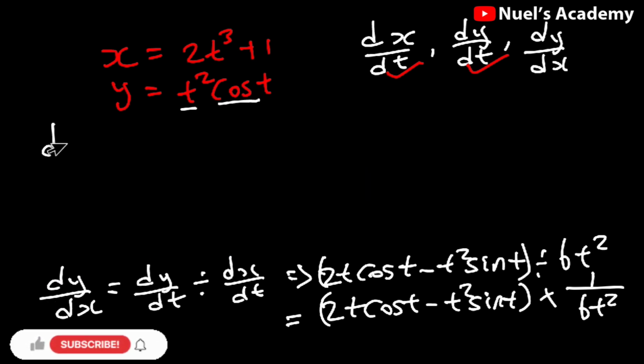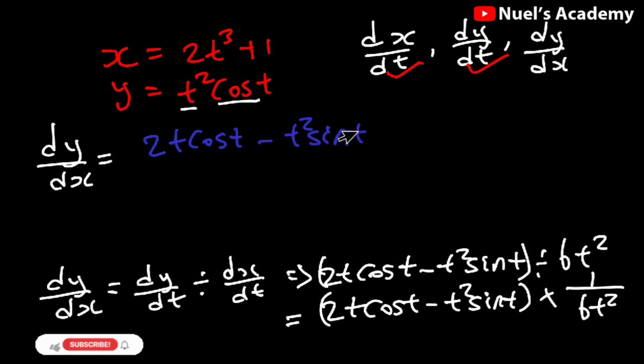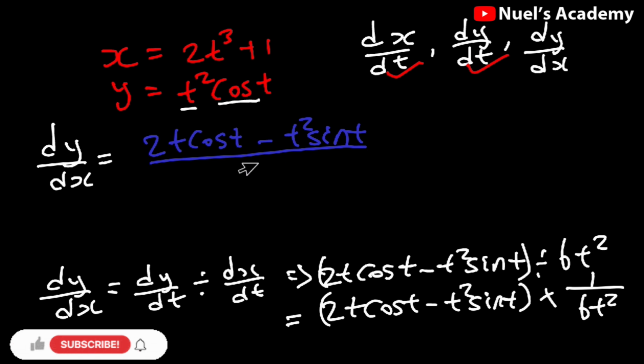So we have that dy/dx is equals to 2t cosine t minus t squared sine t divided by 6t squared. Now notice that we have t here and we have t here, so let's factor it out. We also have t at the denominator.